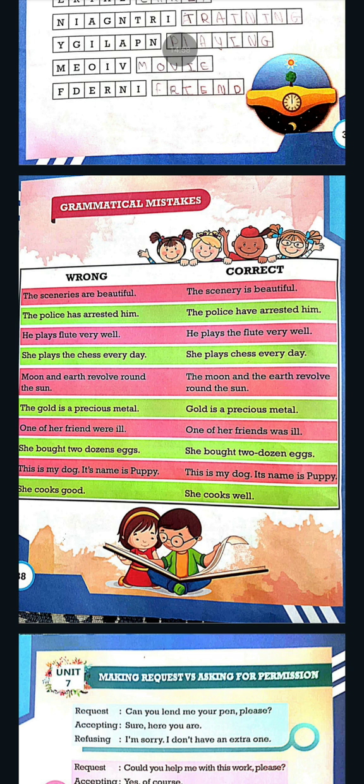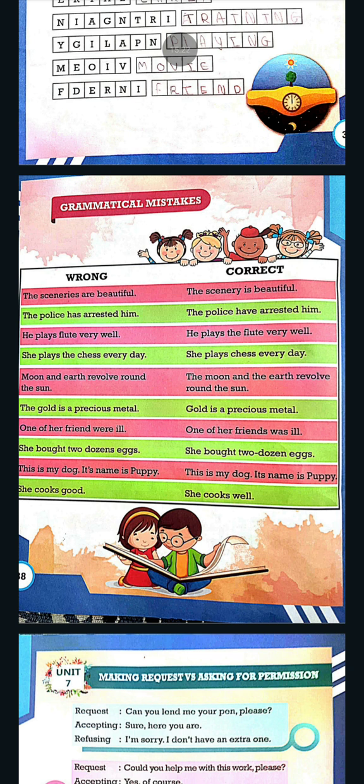She bought 2 dozen eggs. In this one, the hyphen is important: 2-dozen, there should be a hyphen in between. Okay, this is my dog.